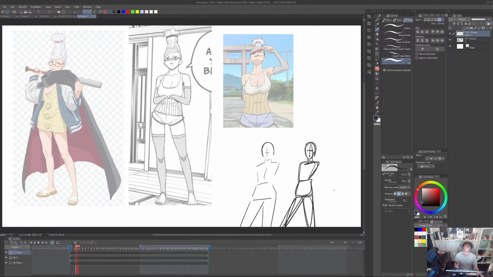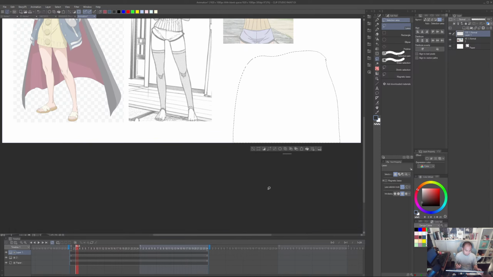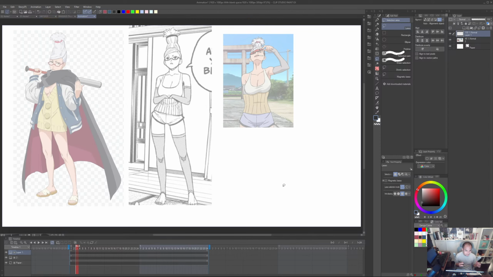But in the end, one is not better than the other, because both drawings are just shorthands. They're not the final drawings, you're laying out the foundation for your actual drawing, which is this one, right?